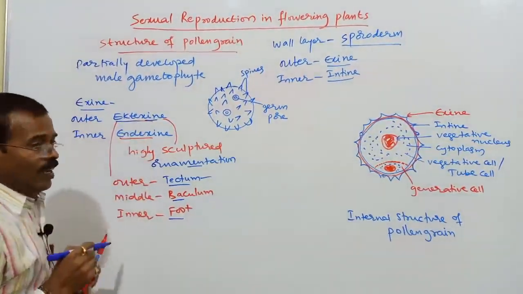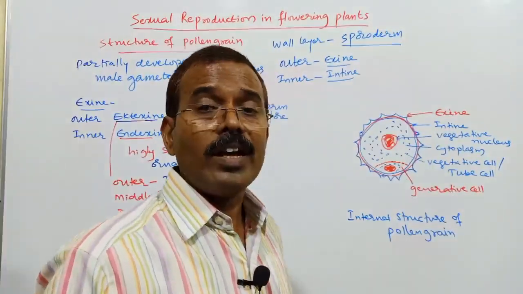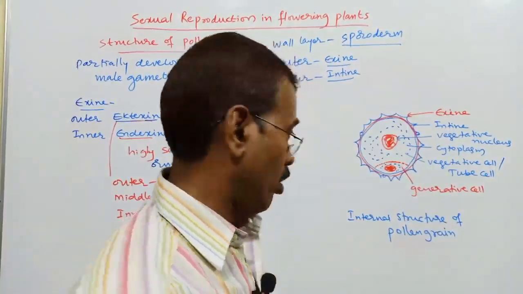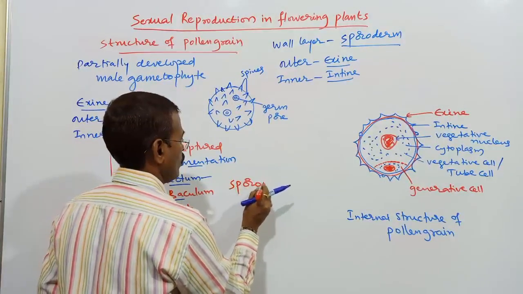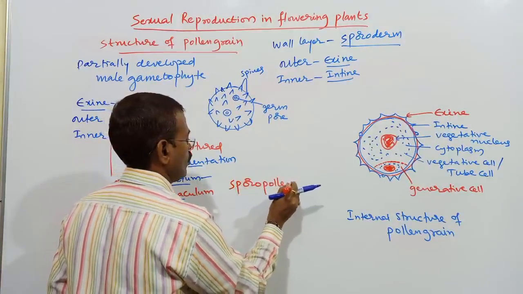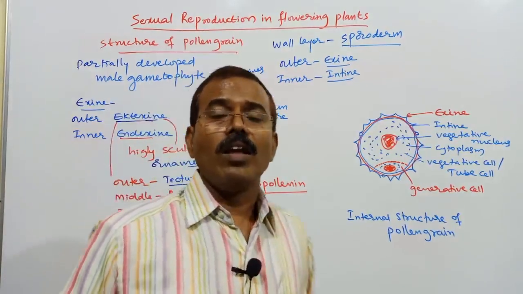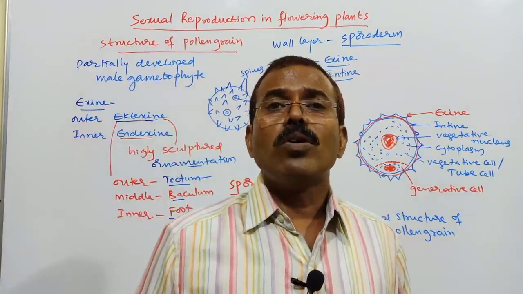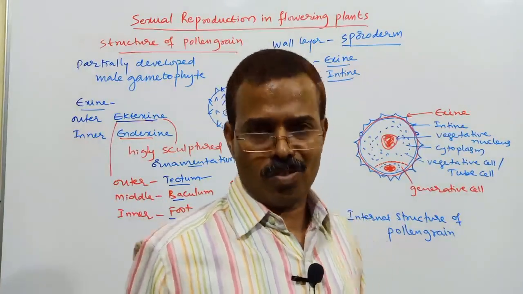This exine layer is made up of a chemical. That chemical is one of the most resistant organic substances, a kind of fatty substance.